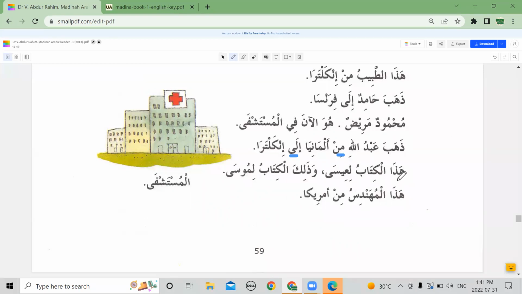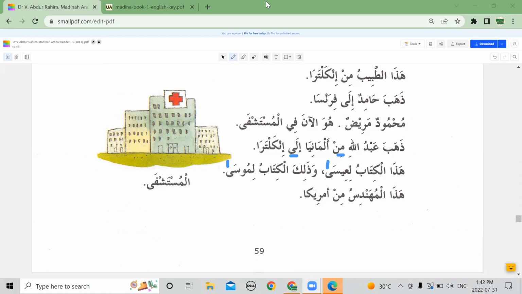Next. هذا الكتاب لعيسى وذلك الكتاب لموسى. Very good. This book is Isa's, and that book is Musa's. هذا المهندس من أمريكا.